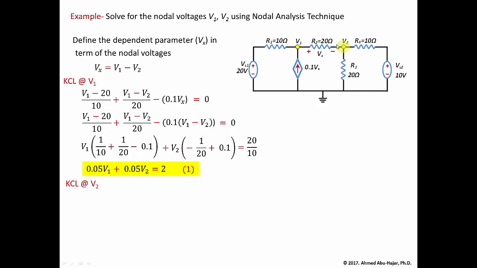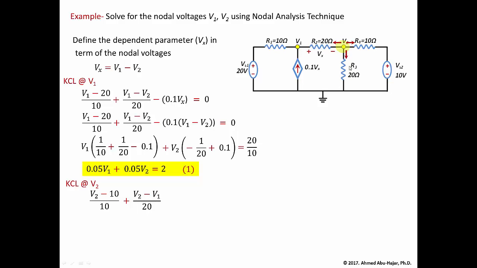So we're going to come to node V2 and sum the currents. I'm going to start with the current leaving R4, which is the 10 ohm resistor. This current is going to be this voltage, which is V2, minus that voltage, which is the 10 volts, over the 10 ohm resistor. So we're going to have (V2 - 10)/10. And then I'm going to add the current leaving the 20 ohm resistor, or R2, which I'll write as (V2 - V1)/20.